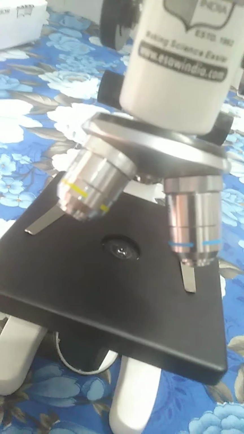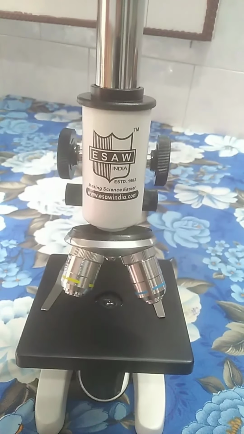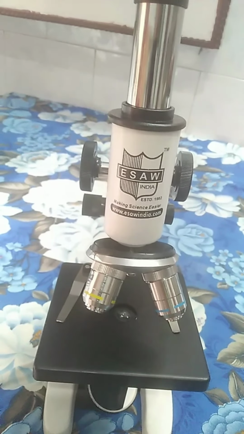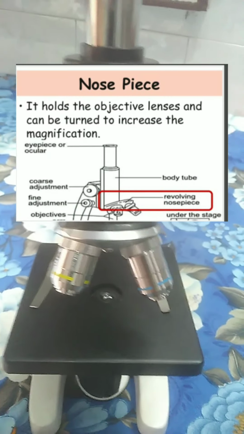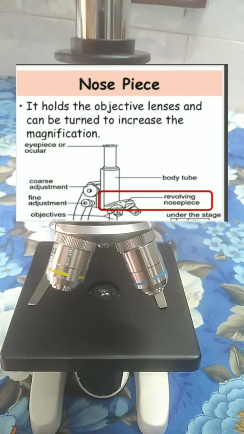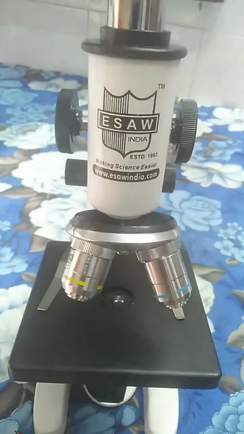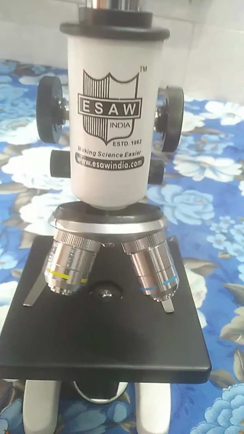Okay, objective lenses. First of all, we know that this is the body tube, and then let's move to the second one, that is the nose piece. What is the function of the nose piece? The nose piece holds the objective lenses, and it can be turned to increase the magnification.